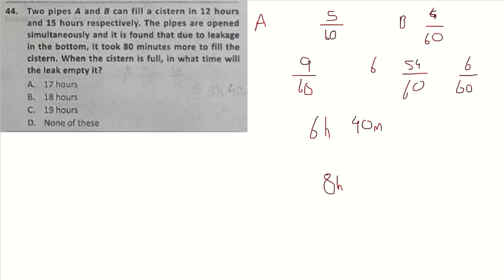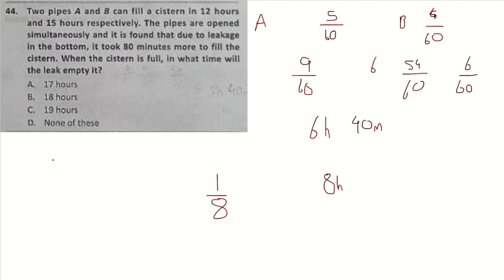cistern. So the total amount of cistern being filled per hour by A and B combined and the leak is 1/8 of the cistern.